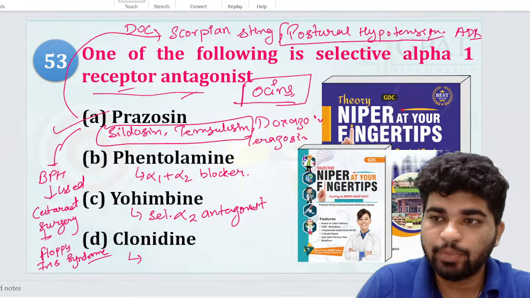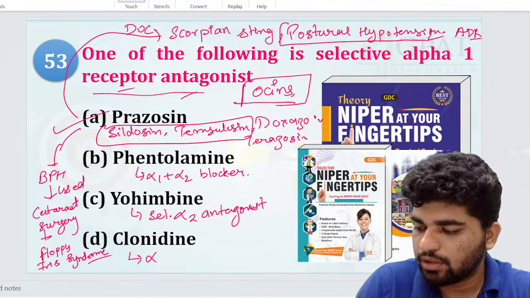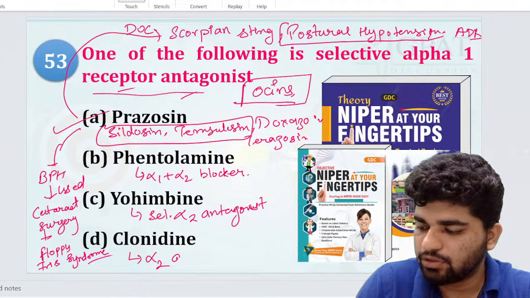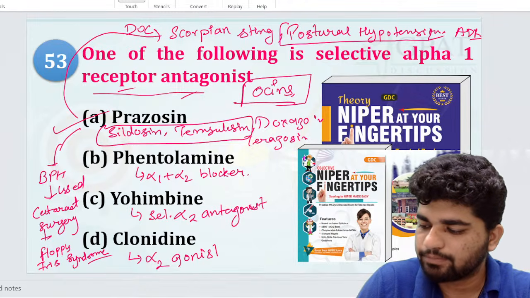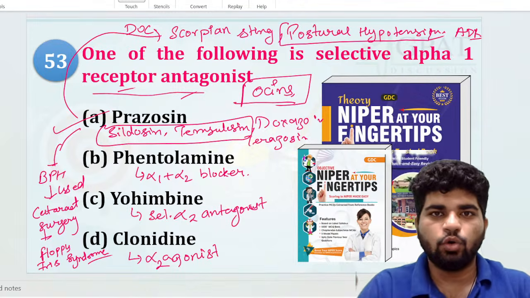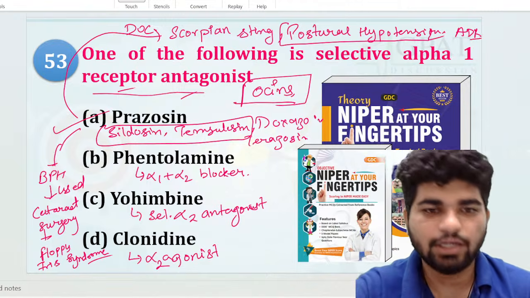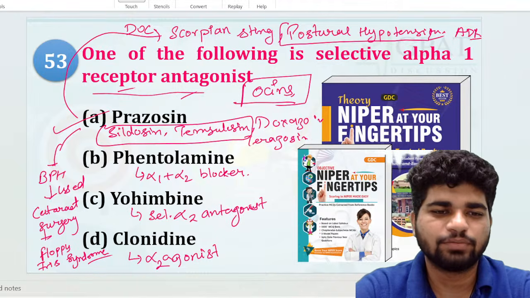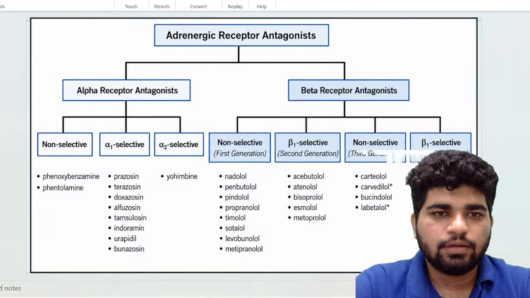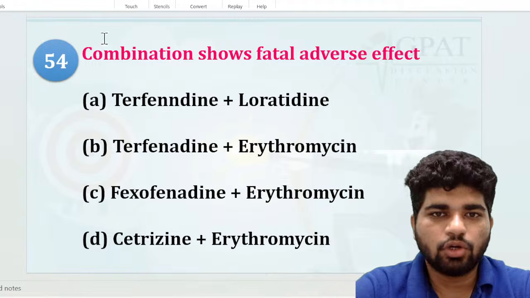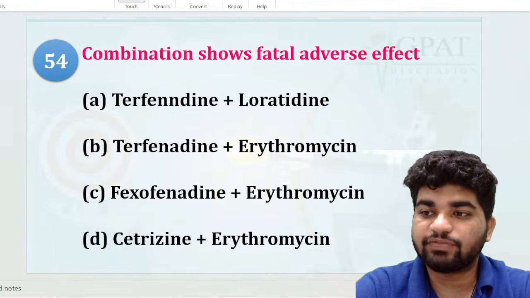Antagonist is your yohimbine, but the alpha 2 agonist is your clonidine. So this is the whole way to understand all those options in a good way, right?